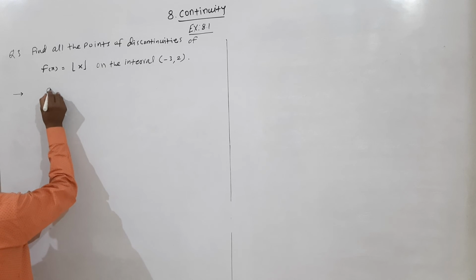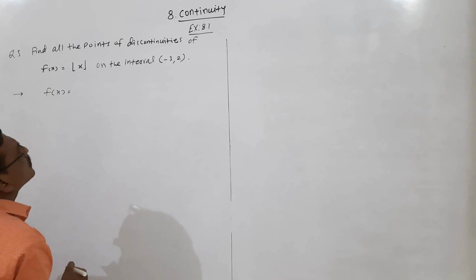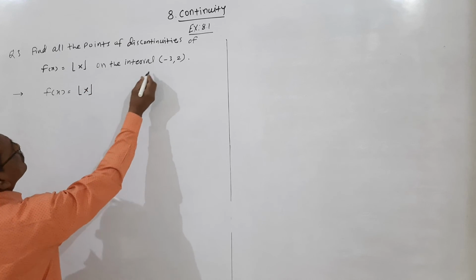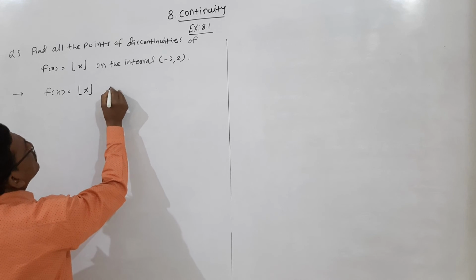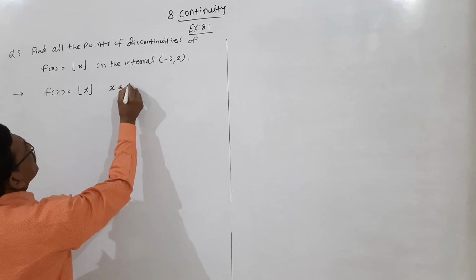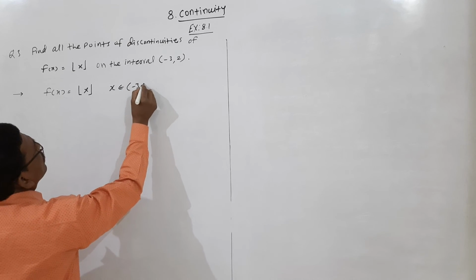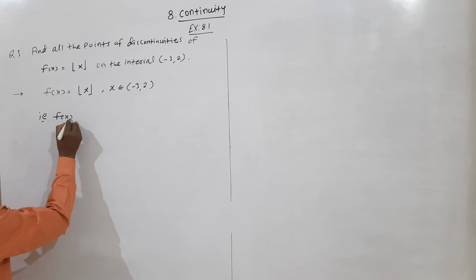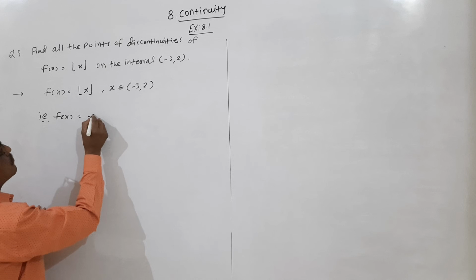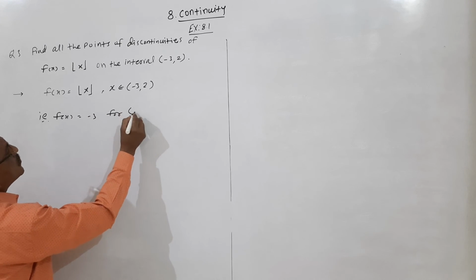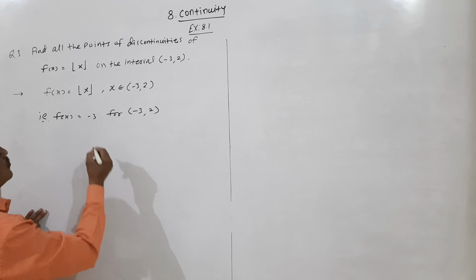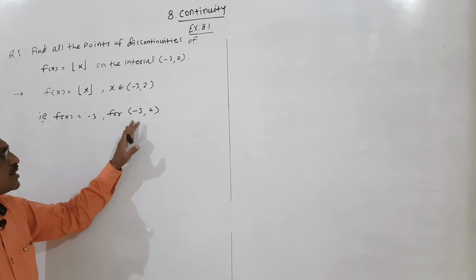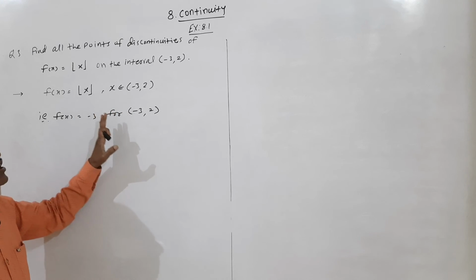Given this greatest integer function on the interval where x belongs to [-3, 2). So the function f of x equal to the value minus 3 for this interval. Here the value of this function is minus 3 because this function is the greatest integer function.